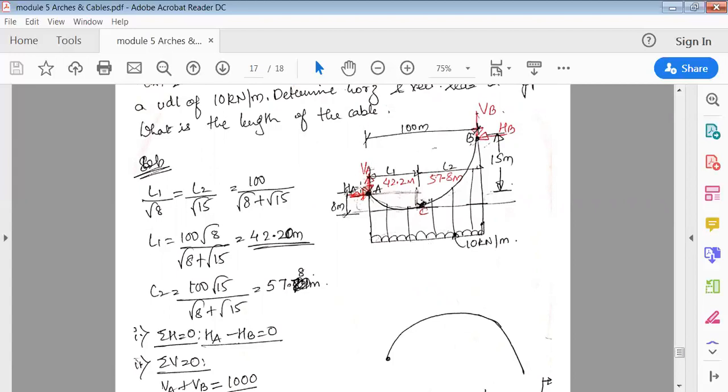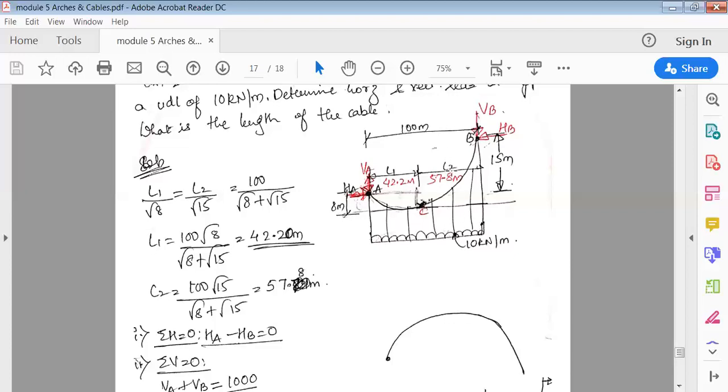So reaction will be acting downward. You can see here, I'm showing the reaction acting downward. It's just that with respect to the loading, the reaction should be acting opposite. To stop that external loading, reaction should be acting just the opposite. So here I've shown, you can see the arrow here, it is acting like this, upward.